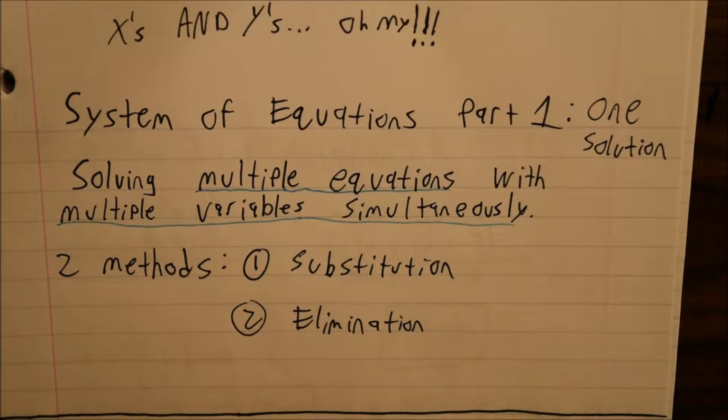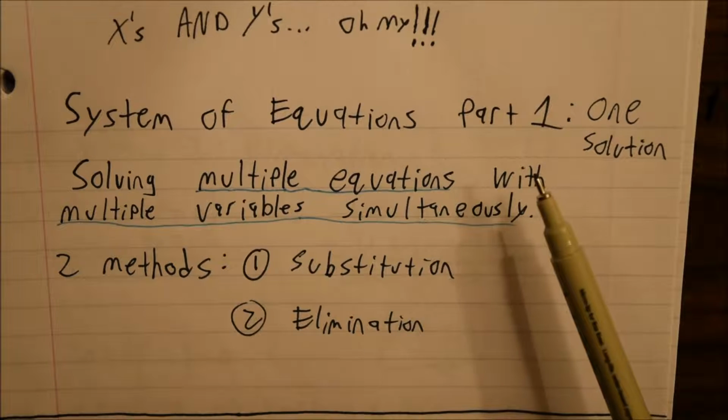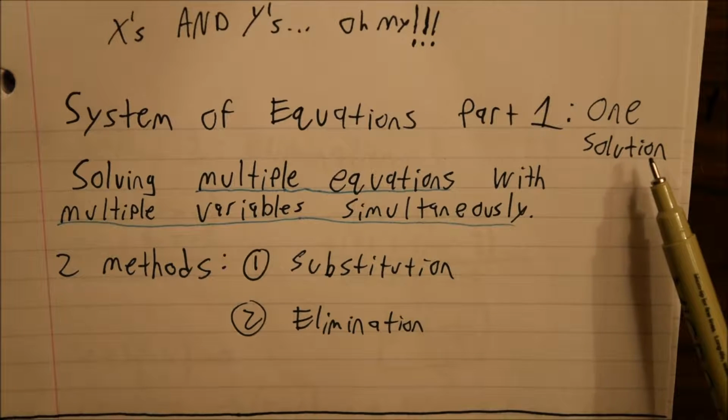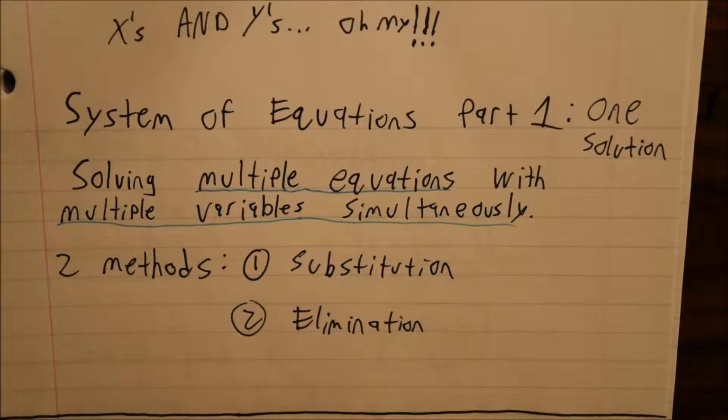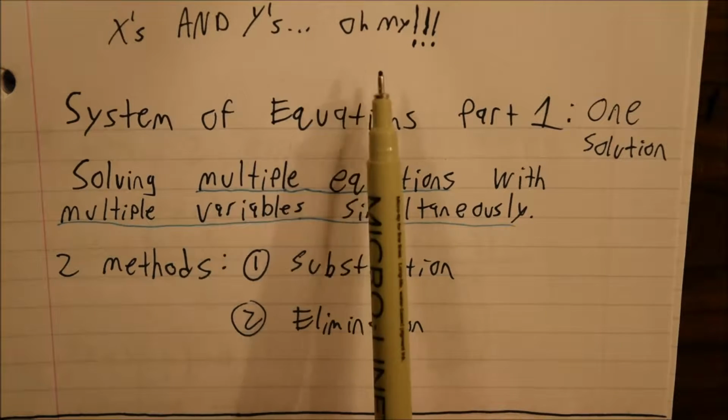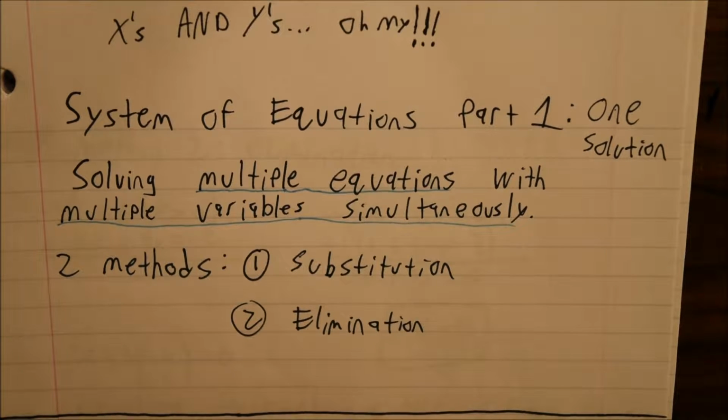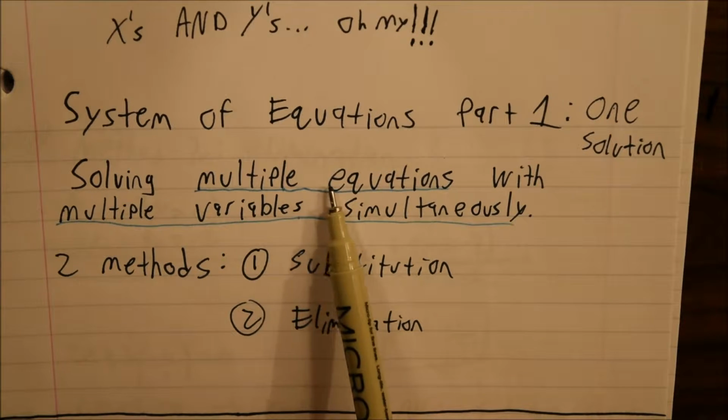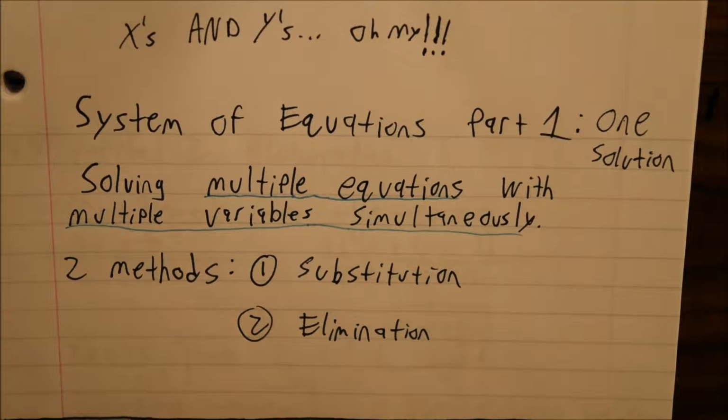Today we're going to look at systems of equations. It's going to be a three-part series, and this is part one, which focuses on systems that only have one solution. For systems of equations we have x's and y's. When you're looking at systems of equations, what you're really doing is solving multiple equations with multiple variables simultaneously.